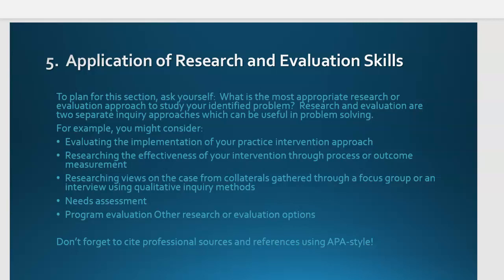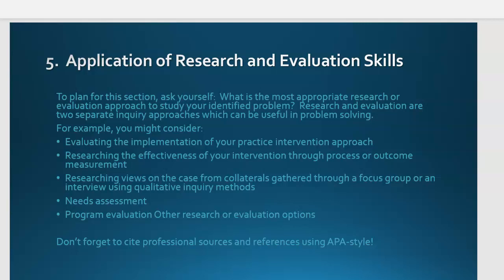So part 5 is the application of research and evaluation skills. So this is the first of 2 slides on section 5, and this is an introduction to the actual content that's required in this section.